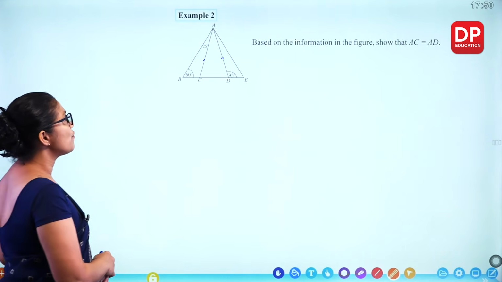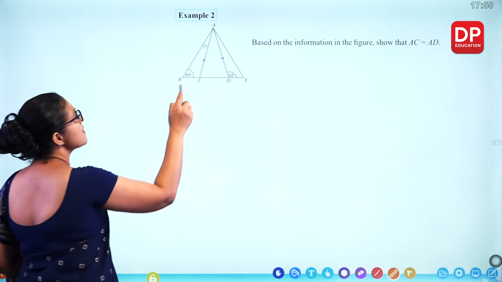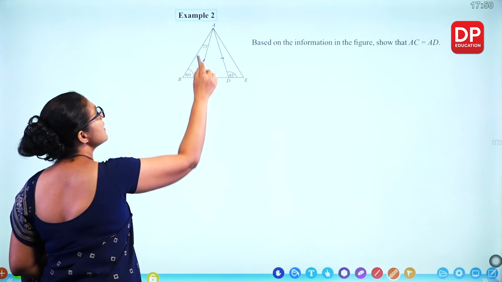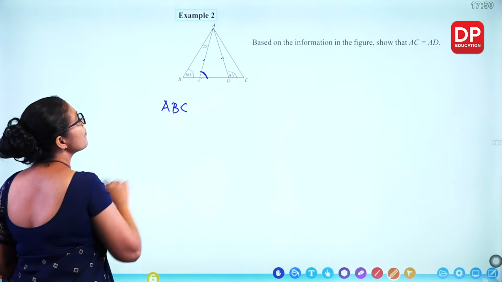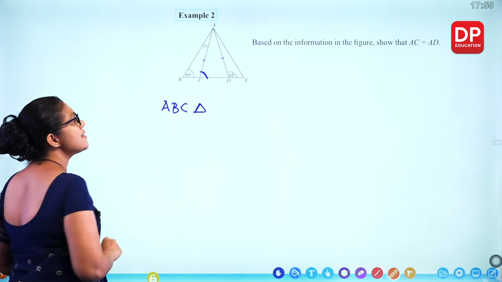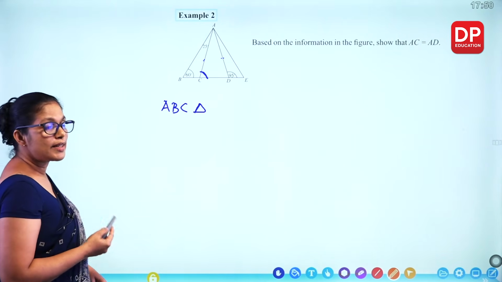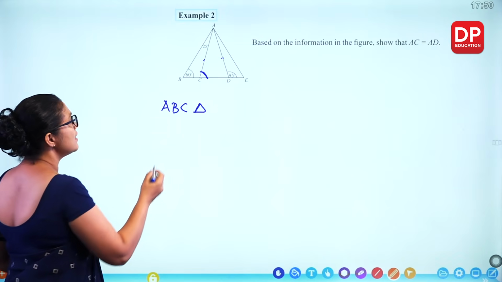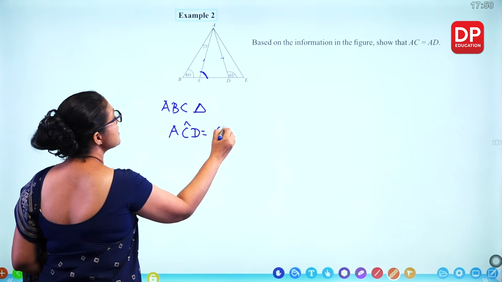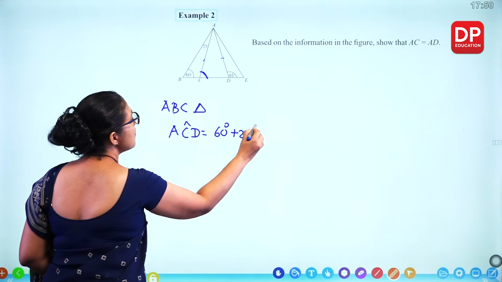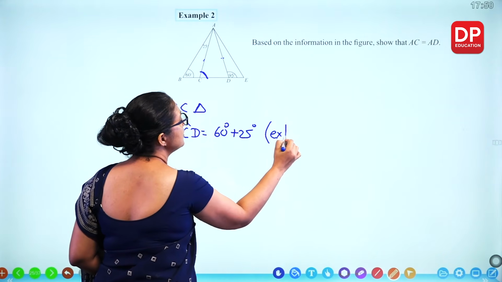So we'll try to find out the angles. Now we'll try this angle. To this ABC triangle, we can see this is the exterior angle. So what can you write about C angle? So ACD angle is 60 plus 25 because of exterior angle.